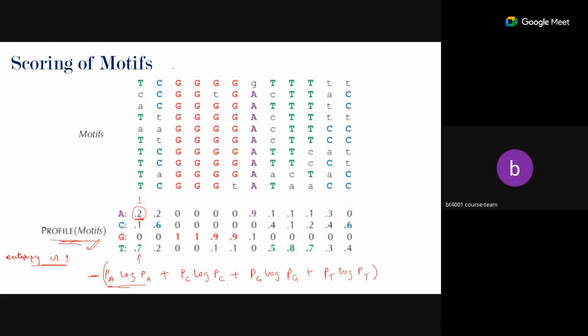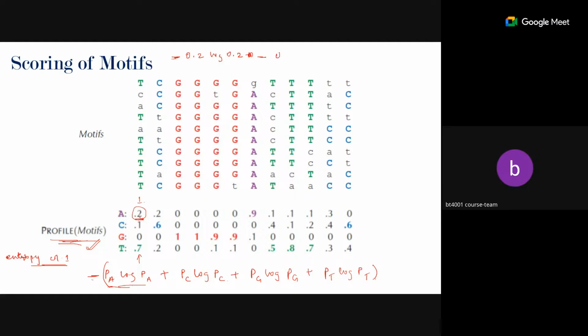So this will basically be equal to: probability of A at position number 1 is 0.2. So we have 0.2 times logarithm of 0.2, plus, sorry, this is minus. We have negative over here, so I'll just put minus. Minus probability of C at position number 1 is 0.1.